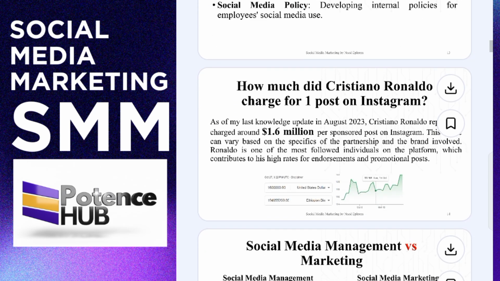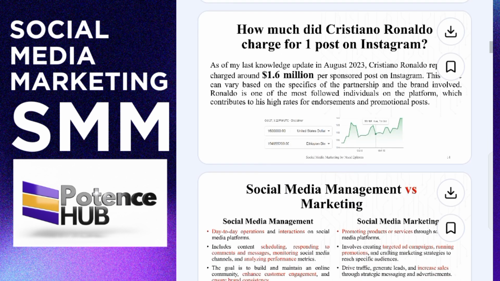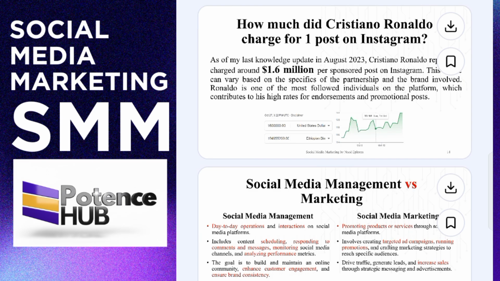Now, how much did Cristiano Ronaldo charge for one post on Instagram? You can imagine, about $1.6 million. This is what we're talking about as at 2023, for just one post. Now we are talking about people who are like the big goats, the big shots on these platforms, with millions and millions of followers.